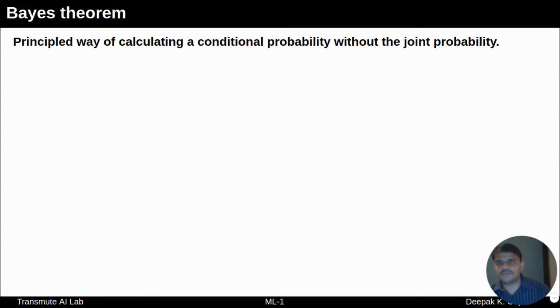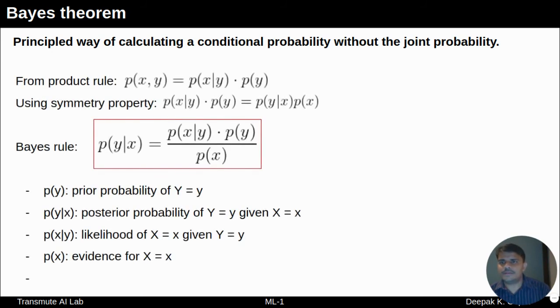But in some cases, it might not be straightforward to compute these joint probabilities. So Bayes theorem gives you a way to compute these conditional probabilities without going towards the joint probability. And so deriving it from the product rule, we have p(x,y), the joint probability, is the conditional probability multiplied with p(y).